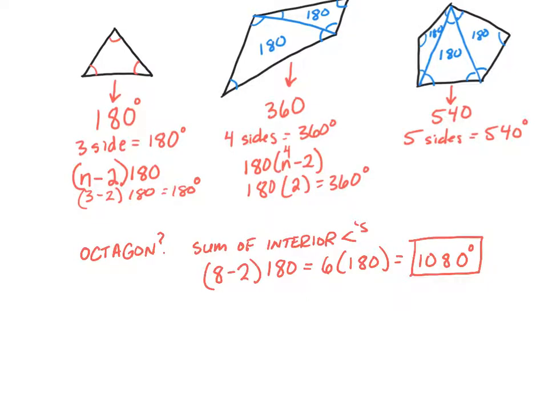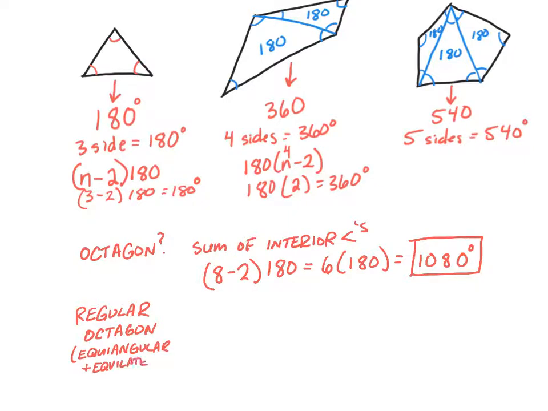Now, we can take this one step further, and this is an easy step. What if it's a regular octagon? Regular meaning all the angles are equal and all the sides are equal, which means it's equiangular and equilateral.